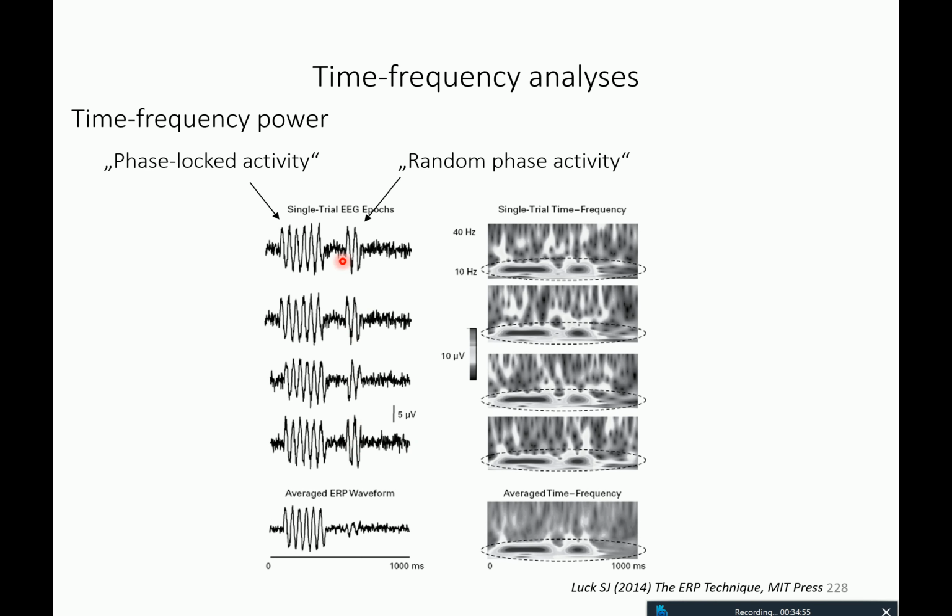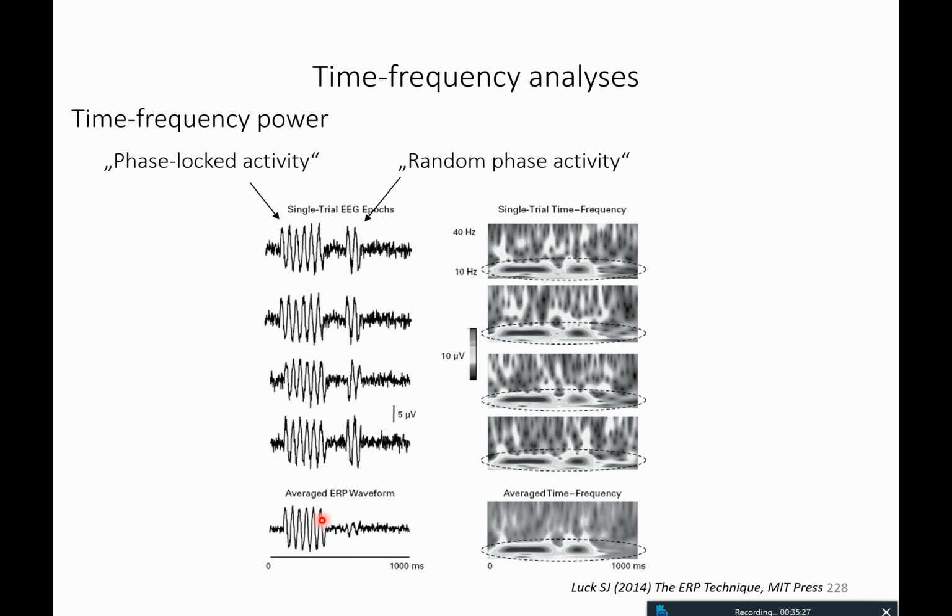So this is shown again here. So if you have this activity, this early activity, this is in phase. Hence, if you have the ERP, you still see it. This activity here is of random phase. So if you average over it, you don't see it. Now, doing the time frequency decomposition of this ERP gives what is called the evoked spectral power.